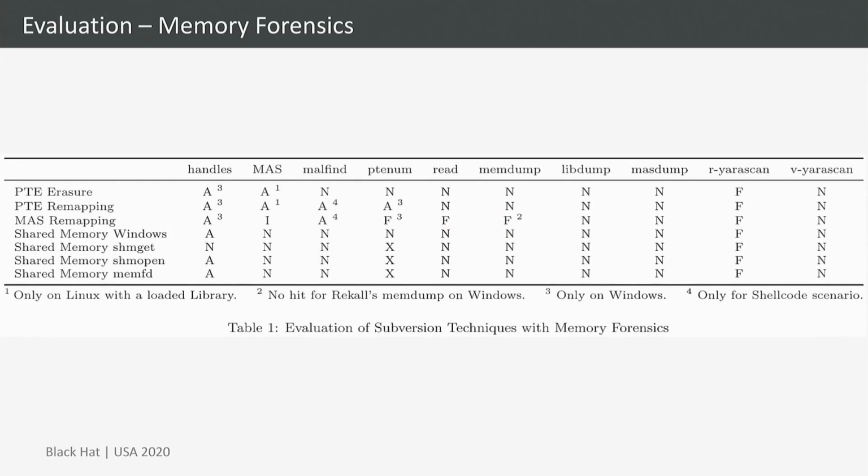If we used Rekall or Volatility's interactive shell and did a read for the virtual address, in this case also it was possible to detect the malicious memory, but again only for MAS remapping. A third time, with PTE num, we were also able to find our injected code for MAS remapping. But besides that, in all other cases, our malicious code was not found by any of those plugins.